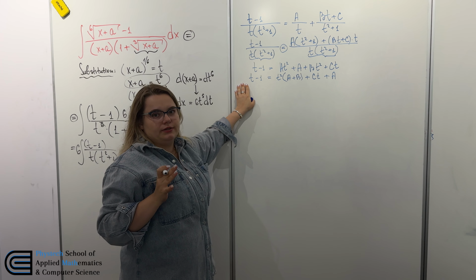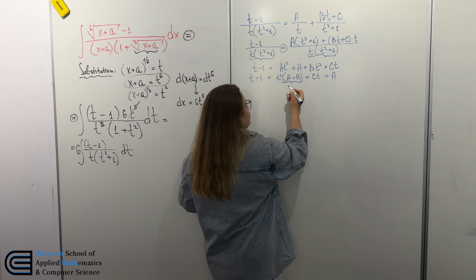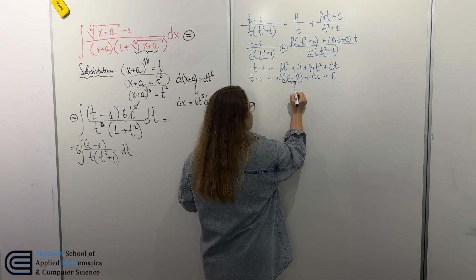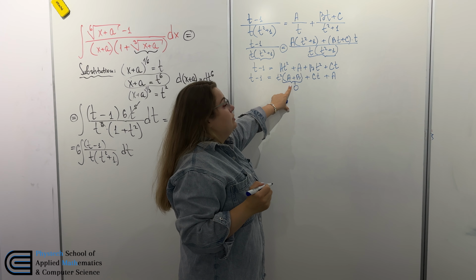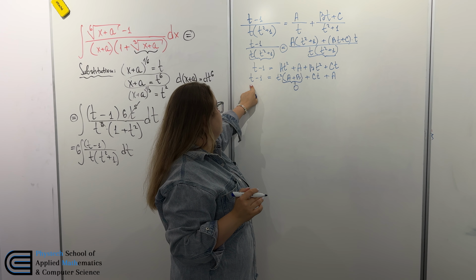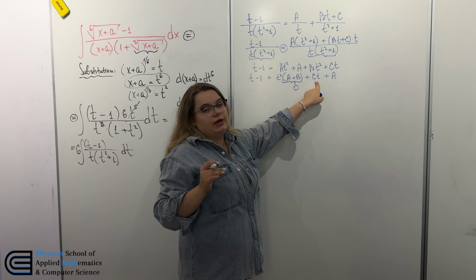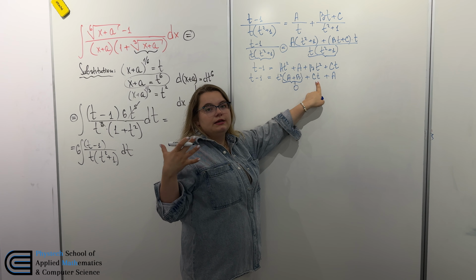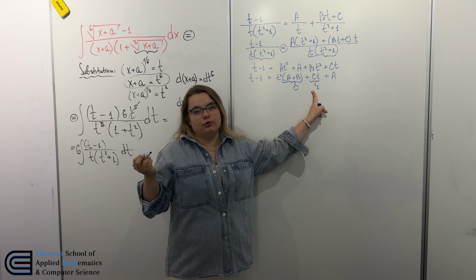That means here t squared multiplied by 0, so we should let a plus b equal 0. Then t. Here we have t and here we have c multiplied by t. And what is our c? Of course it is 1. Here we have 1 and here we have 1.